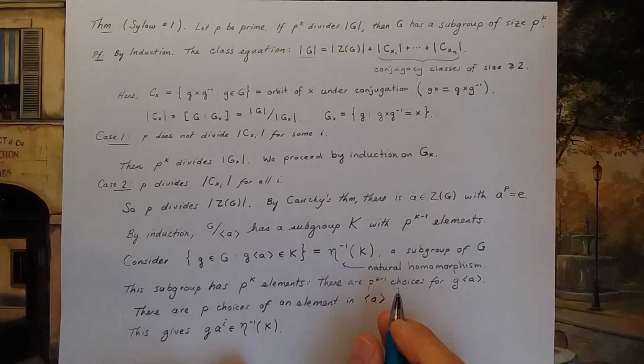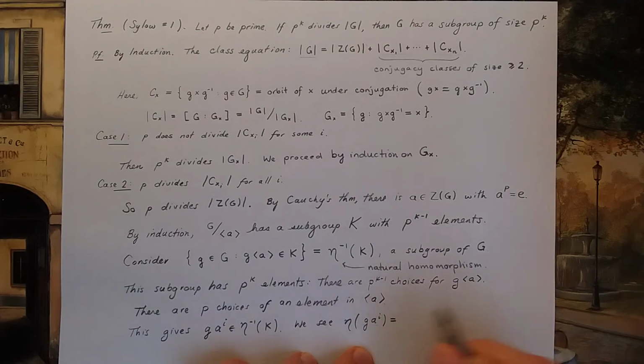You could check that this element is indeed in the inverse image, because we see that if I apply the natural homomorphism to something of this form, the natural homomorphism just takes your group element and assigns it to this coset. But powers of A are in this coset, so this is just the coset gA back.